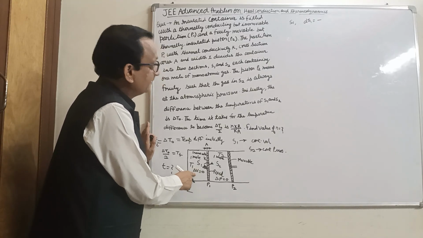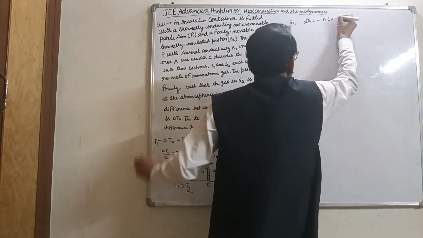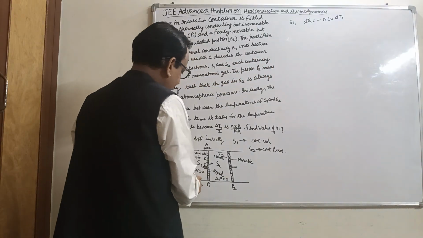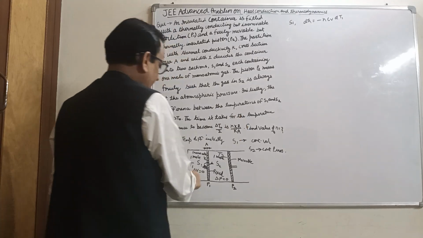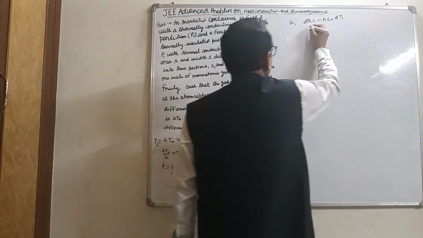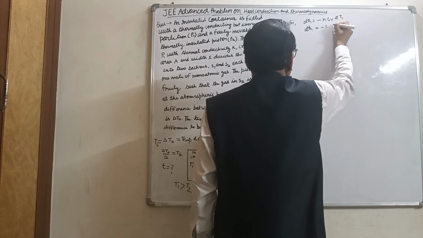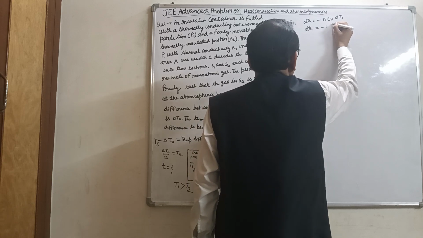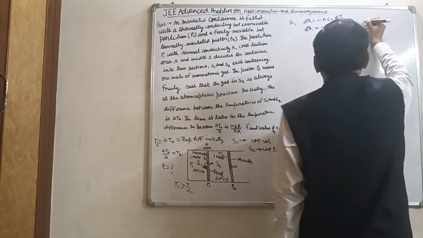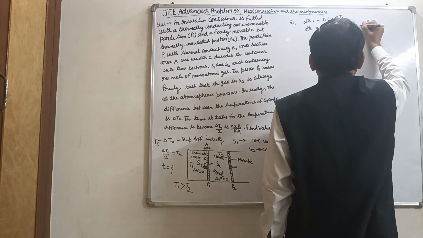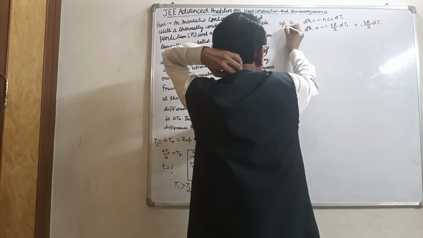So the heat supplied for this system would be nCv delta T, so dT1 here is the temperature change. We have to find the temperature difference from here to here. So dQ would be n, which is 1, and Cv would be fR by 2 into dT1. What is f? The degree of freedom is 3 for a monoatomic gas.